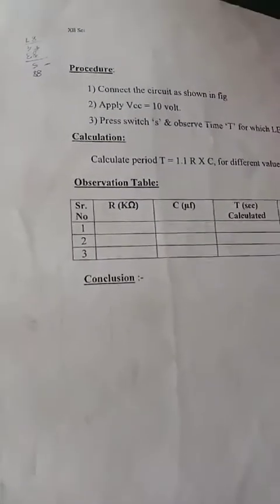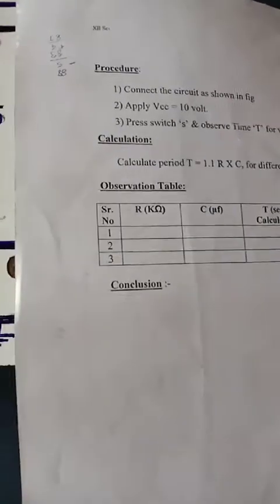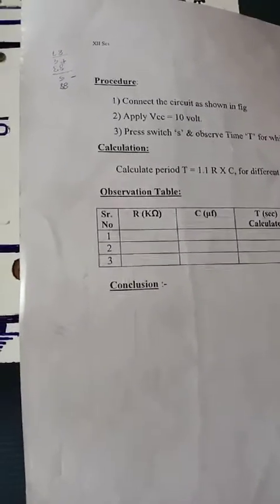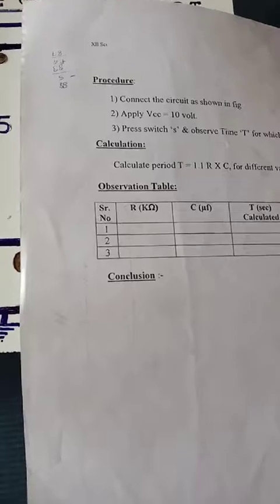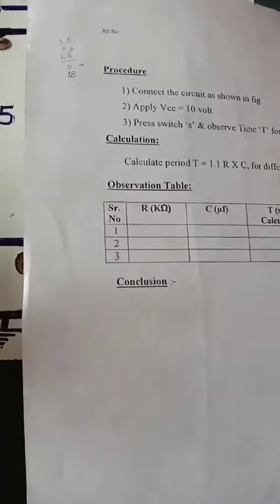One input is fixed at 1/3 VCC as a reference voltage, and the trigger input is at 0 volt, because we are applying 0 volt using this push button.